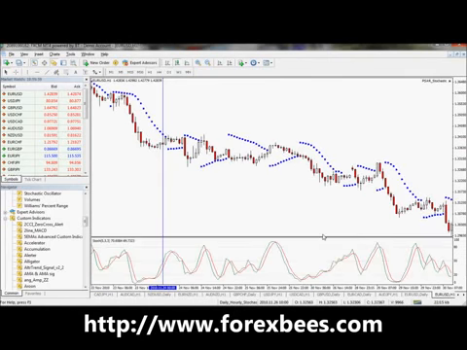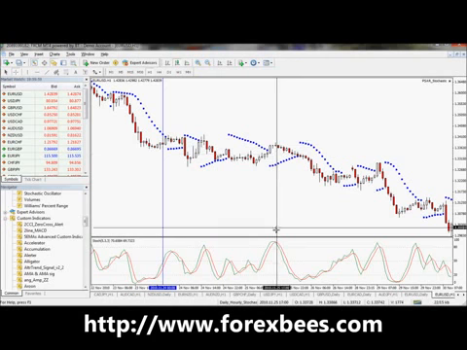So we have to wait for the stochastic oscillator to reach the overbought region. Once it reaches the overbought region and the fast moving average and slow moving average cross each other, you can enter a short trade.